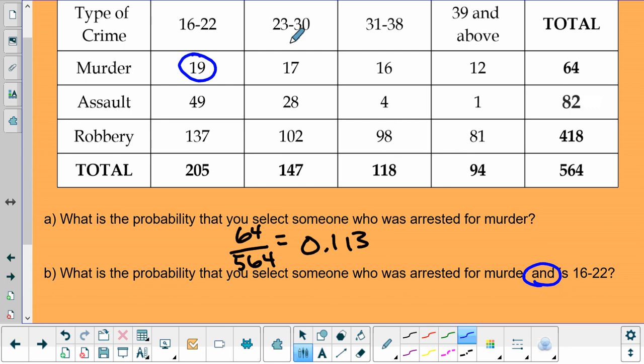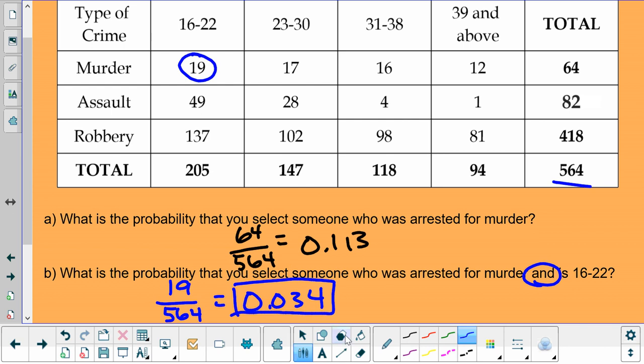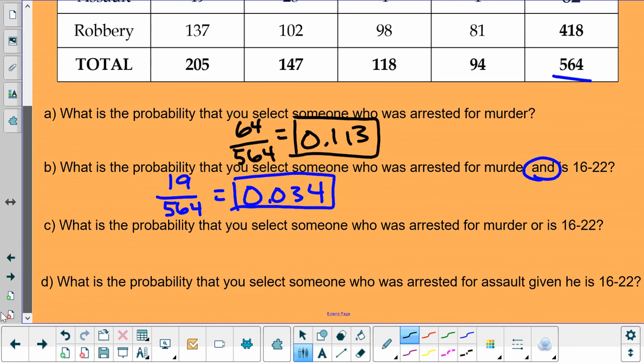Since we're looking at a table, we see the number of people who fit into both categories, and we take that out of the total. So 19 divided by 564 is 0.034 when I use my rules of rounding. Again, you might want to have your calculator out so that you can practice these with me and make sure that you're rounding them the same way that I'm rounding them.